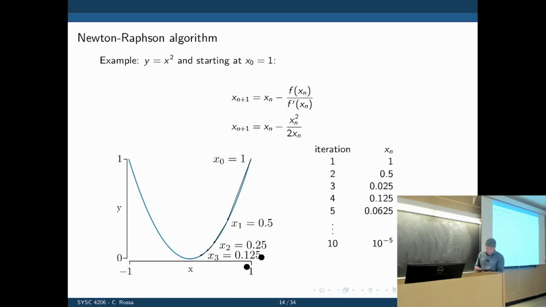Okay. So now let's go back to our original problem and see how this one applies. Let's give it the same equation, y is x squared, so the algorithm now becomes xn plus 1 equals xn minus the function itself, xn squared, divided by its derivative, which is 2 times xn.